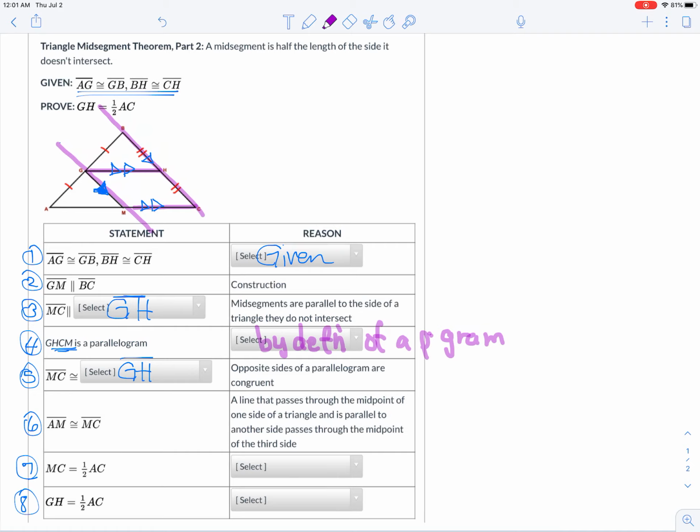I'll make good marks there. Maybe 3 marks, 1, 2, 3. Okay. MC is 1/2 of AC. That's just by definition, it cuts through the midpoint.